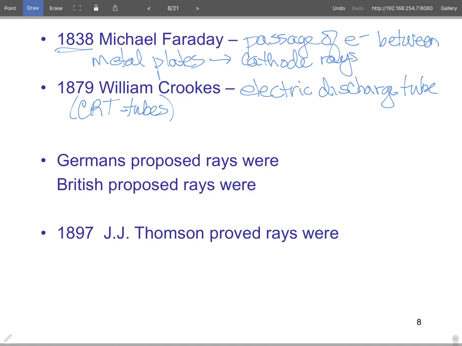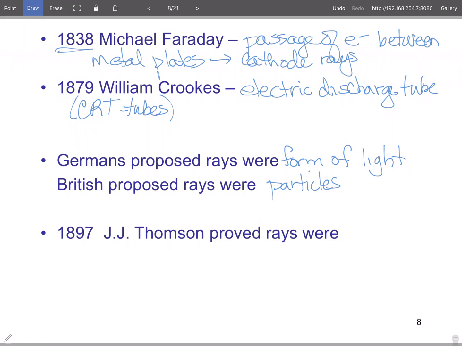Now the Germans proposed the rays were a form of light, and the British proposed the rays were particles. Now you may be wondering why the Germans and the British were involved. Well, guess what? World War I started around the turn of the 1900s.